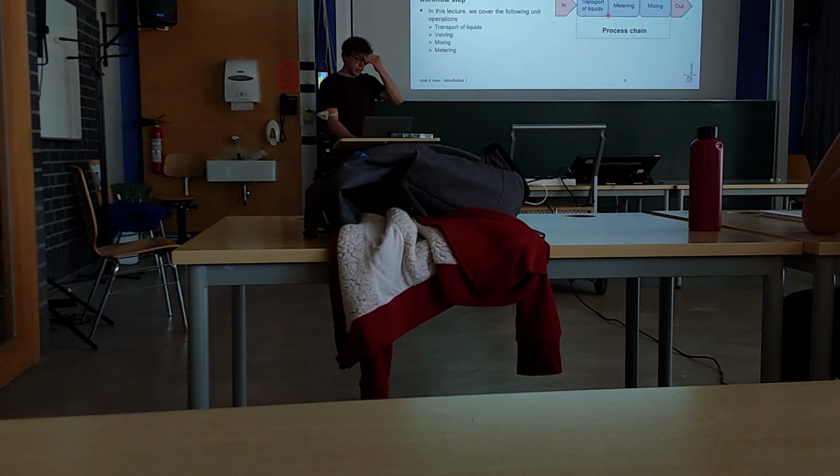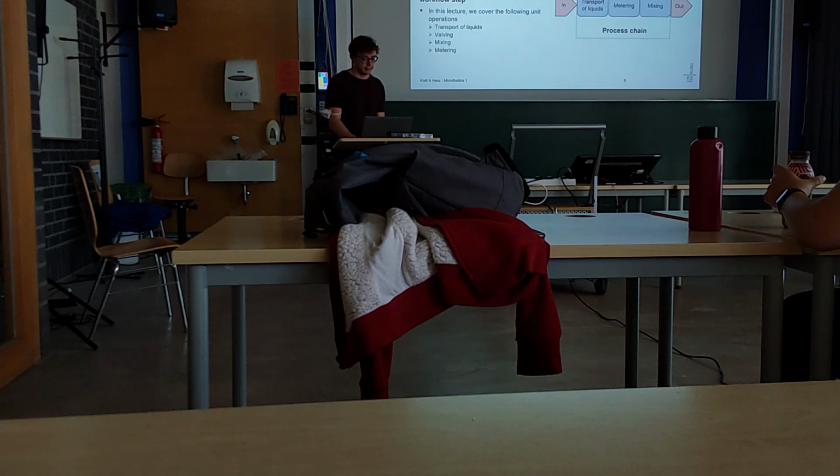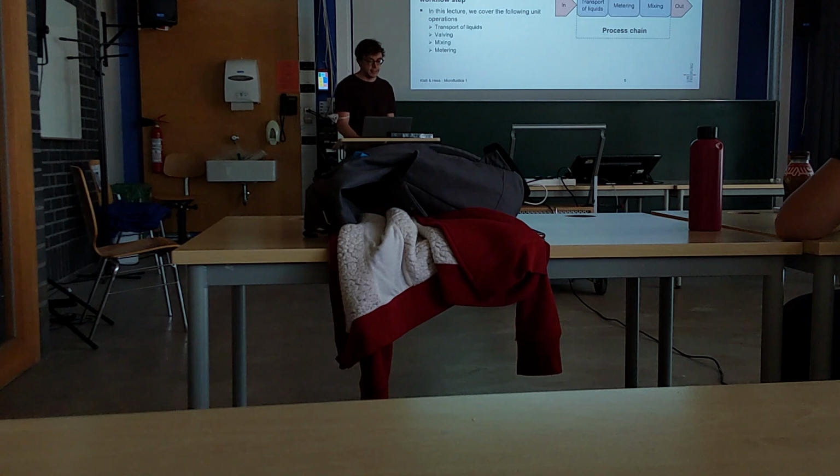So let's start with the terms process chains and unit operations. You probably have never heard of them, and that's why we define them on this first slide. A process chain is a sequence of required unit operations for implementation of a workflow. If I want to break this down, it's always helpful to have a look at a graphical display of a process chain.